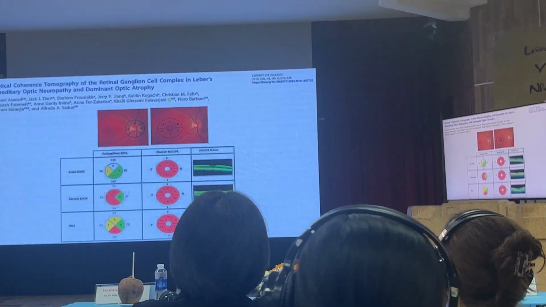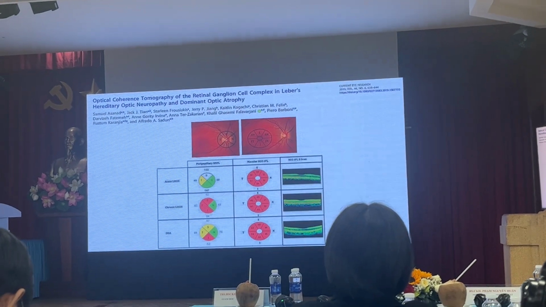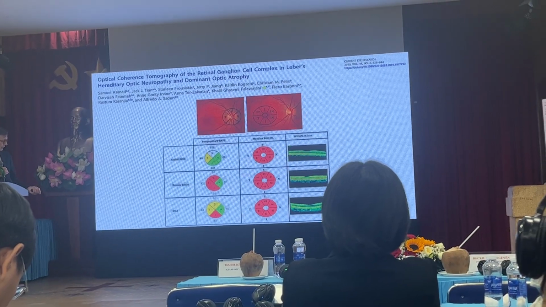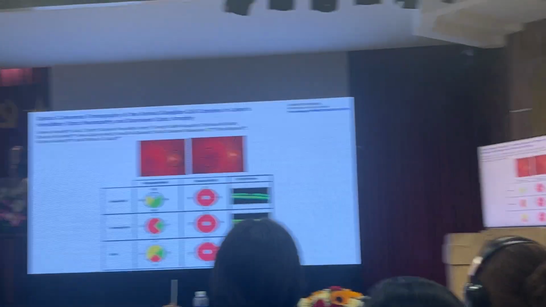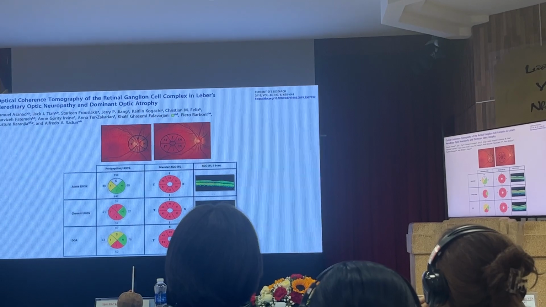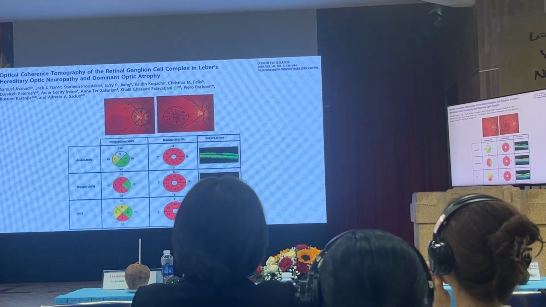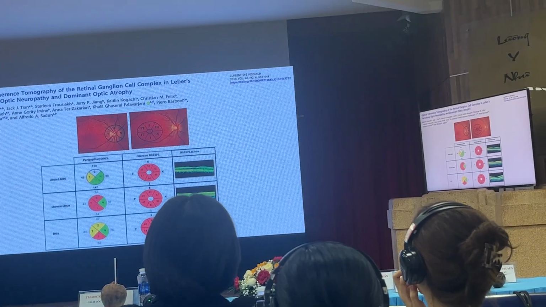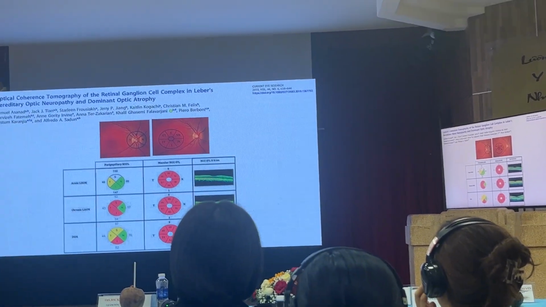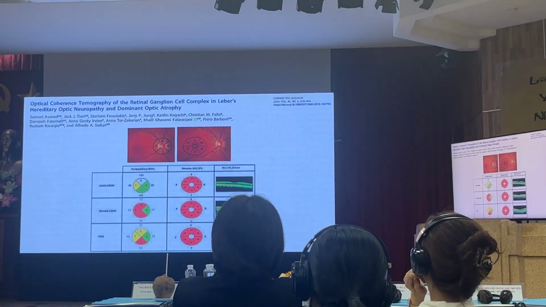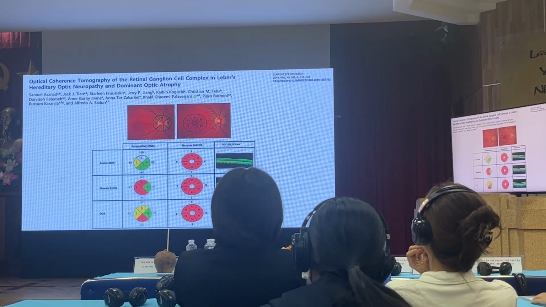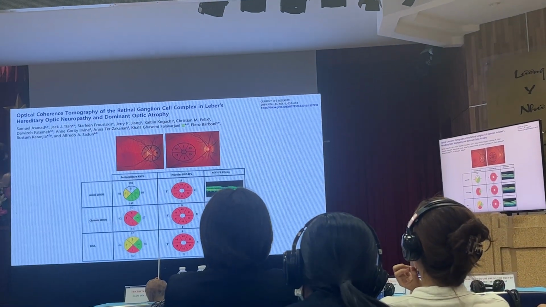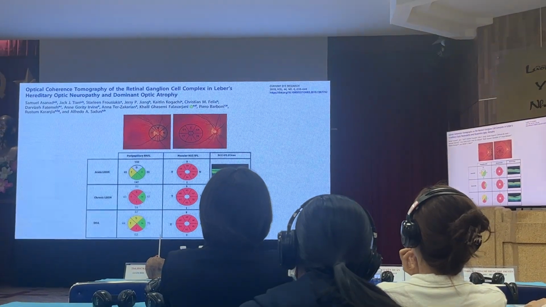And he could show that in the beginning of the disease, the autosomal dominant optic atrophy already shows defects of the retinal nerve fiber layer, whereas the Leber's optic atrophy is still in the beginning a little bit normal or above normal because of the swelling. Autosomal dominant optic atrophy doesn't show a swelling in the beginning, but Leber's does. But both diseases affect the ganglion cells to an extent which is very similar to each other.